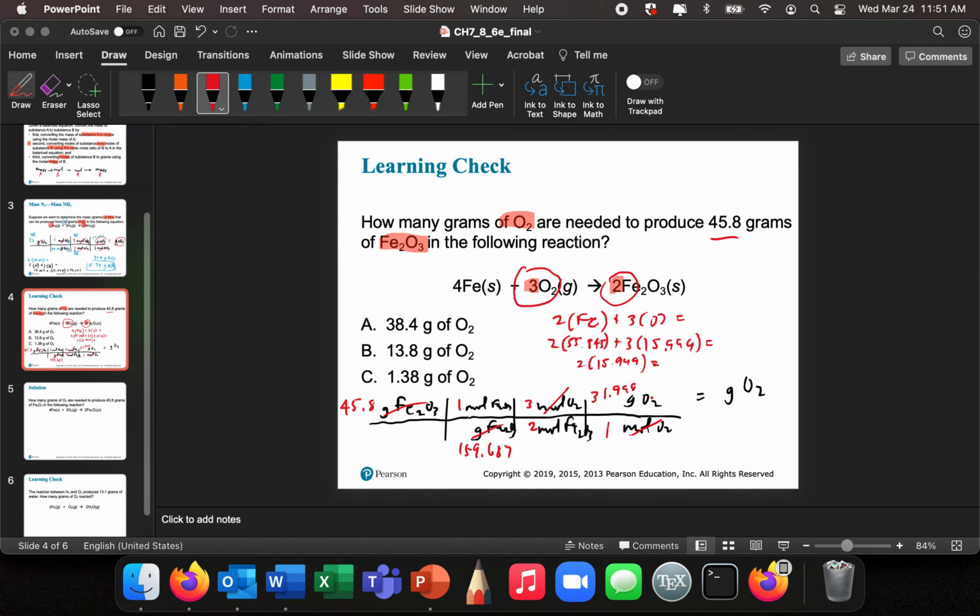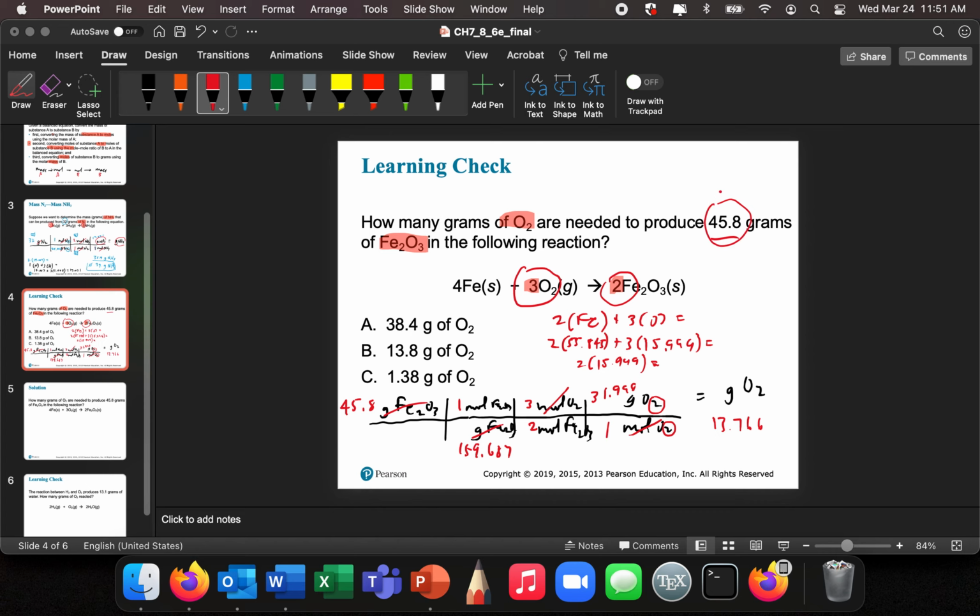Per 1 mole, right? Remember, it's 2 oxygen atoms, right? Because it's 2 there, right? That's why we do that. So I'm going to put this in my calculator now. Hopefully this is what you've got: 45.8 divided by 159.687 times 3 divided by 2 times 31.998 gives 13.766. 13.766 grams of oxygen.